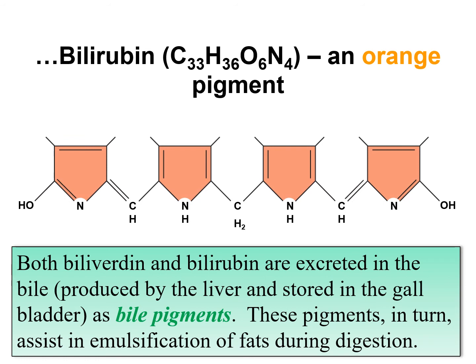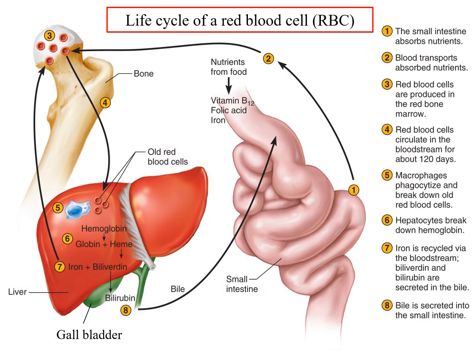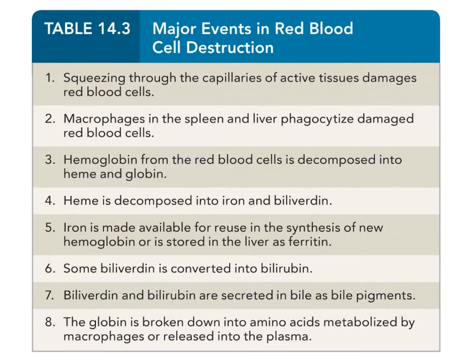These aren't enzymes, but they're materials that help to break down the bigger fat droplets into smaller ones, which are then acted upon by various lipid digesting enzymes. So this is just a review of the various things we were talking about leading up to the recycling of the iron. This table likewise just sort of reviews the major steps.